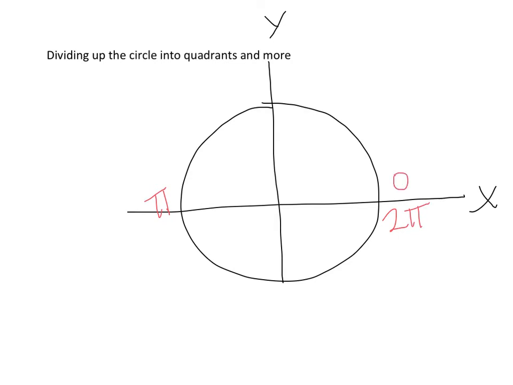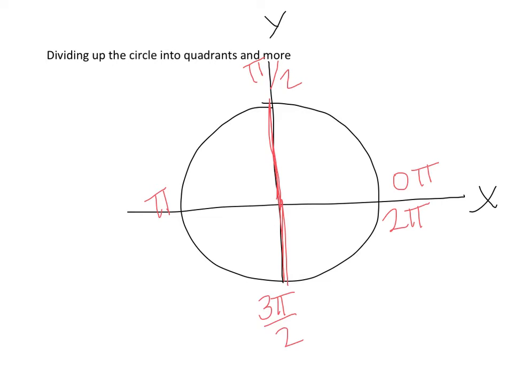So I started at 0, gone around to pi, back around to 2 pi. Now let's start cutting all this up. Halfway between 0 and pi is half pi, so pi over 2. So I've got 0, pi over 2, 1 pi. What's halfway between pi and 2 pi? It's going to be 3 pi over 2.